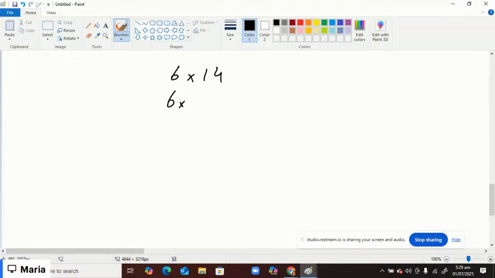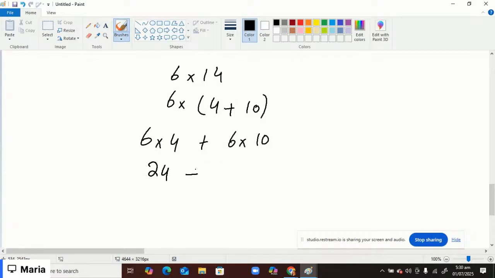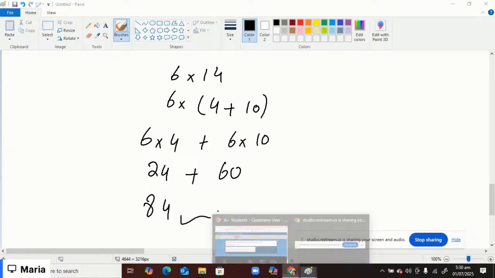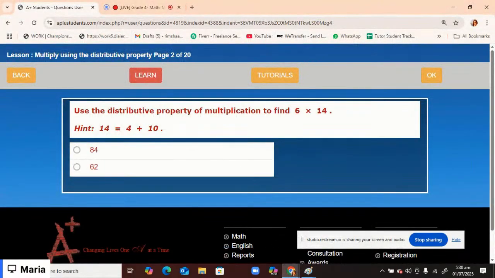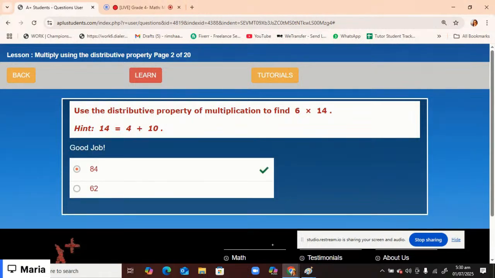Okay, they just gave us here 4 plus 10. Now multiply 6 with 4, then 6 with 10. 6 times 4 plus 6 times 10. 6 times 4 is 24. 6 times 10 is 60. Now what is the answer? 84. Let's see. This is the right answer.